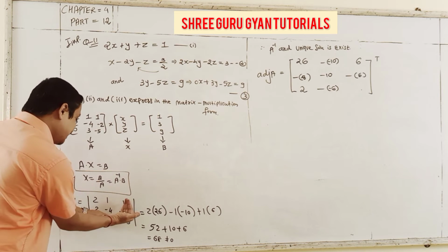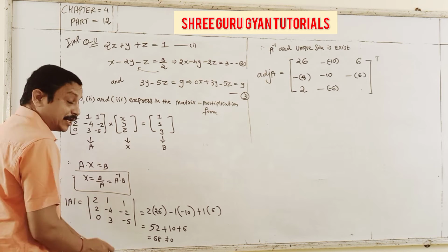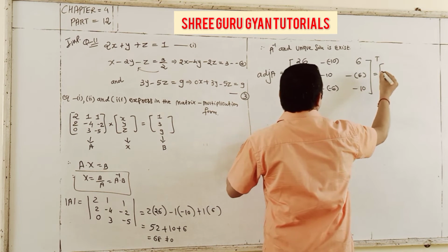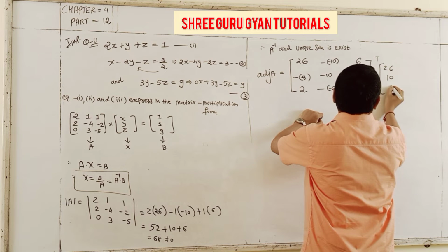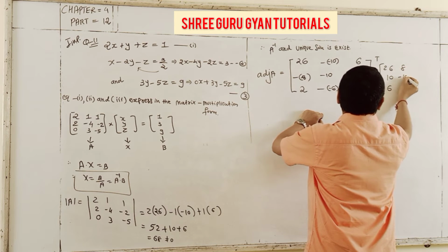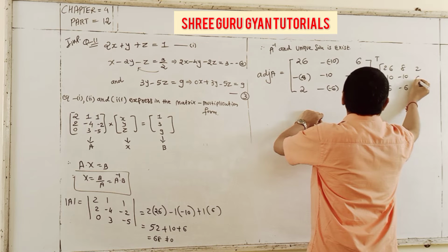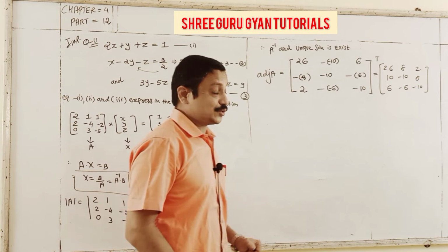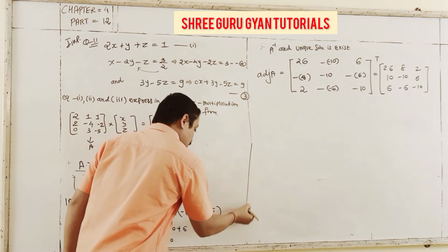And last, this and this shape, minus 8, minus 2, minus 10. And then the transpose: 26, 8, 2, 10, minus 10, 6, 6, minus 6, minus 10. And that will be, students, going to answers part.